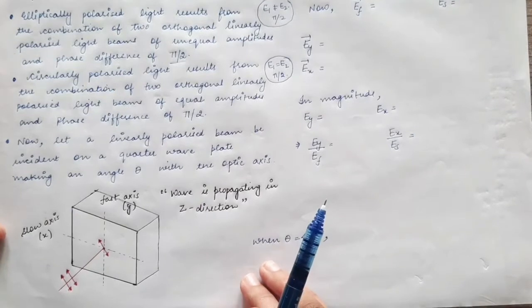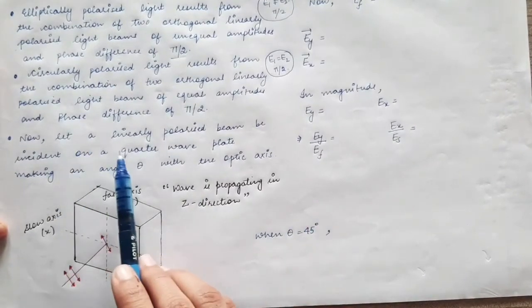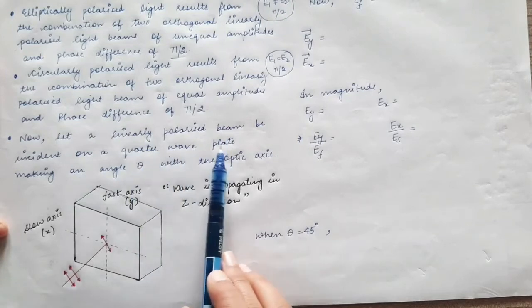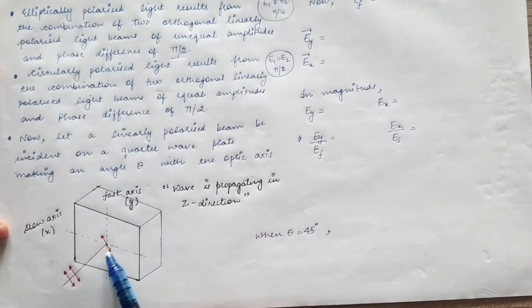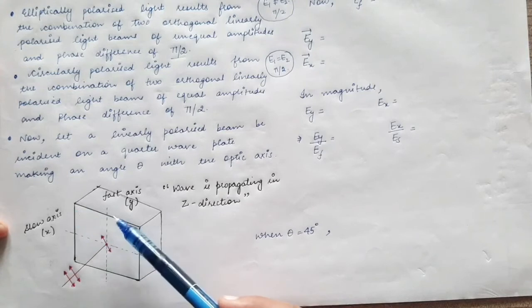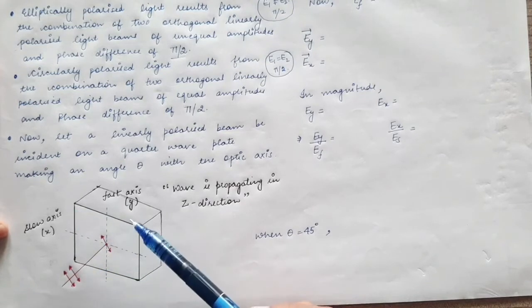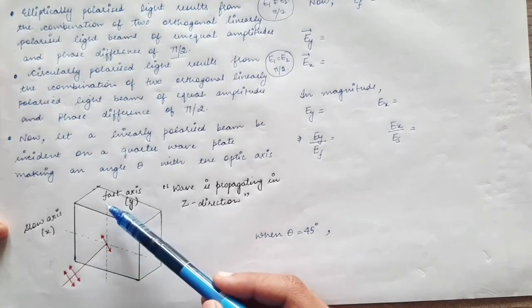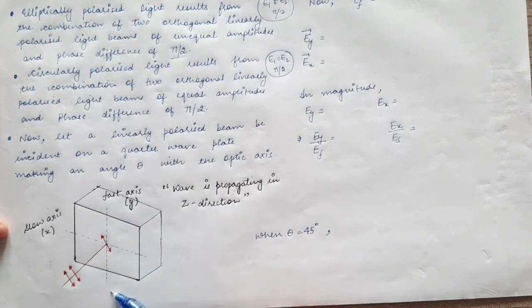We consider a linearly polarized beam incident on a quarter wave plate. Here I have a linearly polarized, or plane polarized, light beam. It falls on the quarter wave plate, whose optic axis is parallel to the reflecting face.